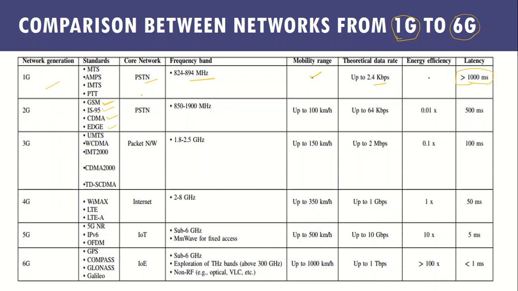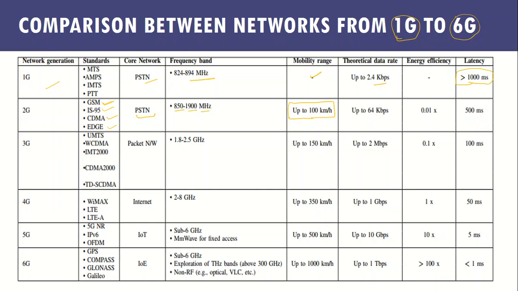Here the core network was PSTN, the frequency band used was 850 to 1900 megahertz, and the mobility range was up to 100 kilometers per hour speed, at which the user can move and still receive signals in 2G.